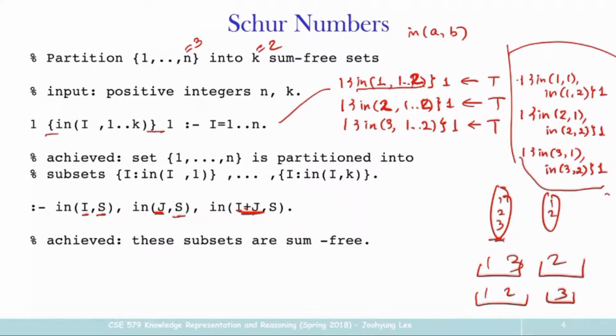So if you put this number, what happens is for each bucket, if the bucket is not sum free, they will not satisfy this constraint. So those assignments will be removed. So the remaining stable models are only the good ones, where each bucket is sum free and each number is assigned to one of the buckets. Are we together? So you can just do this in 2 lines.